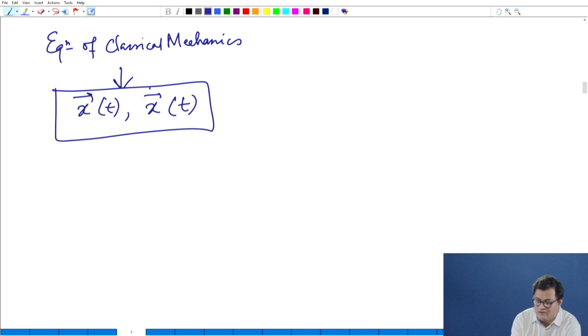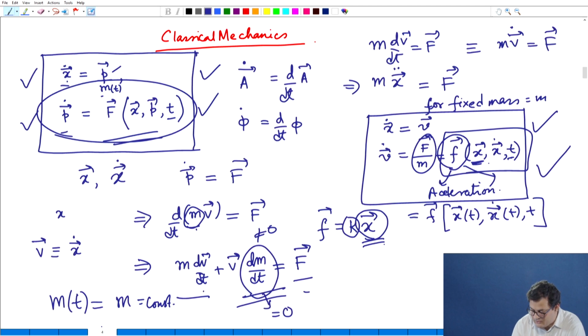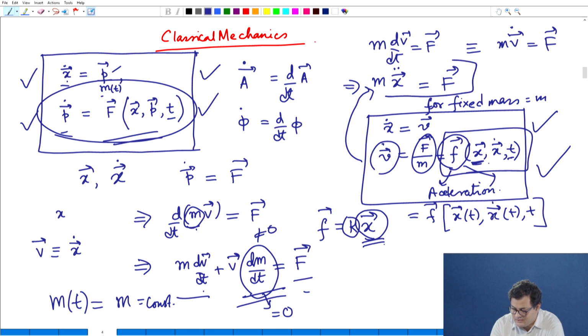For solving, if you look at it carefully, this equation is nothing but this equation, and it is actually a second order ordinary differential equation in x with respect to time.